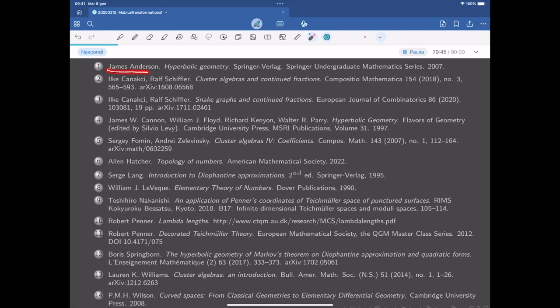I find this book really beautiful, and I think it will be enough for the first part. Then for the part on continued fractions, these are, I would say, striking papers by Çanakçı and Schiffler, who were the ones who found the relation between continued fractions and cluster algebras via those perfect matchings of bipartite graphs.